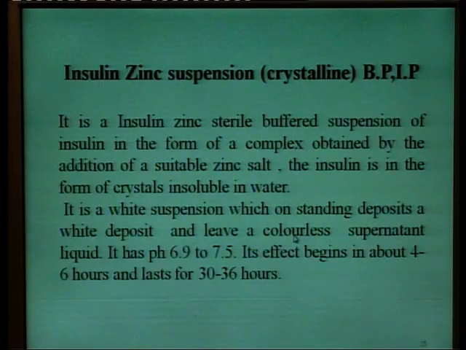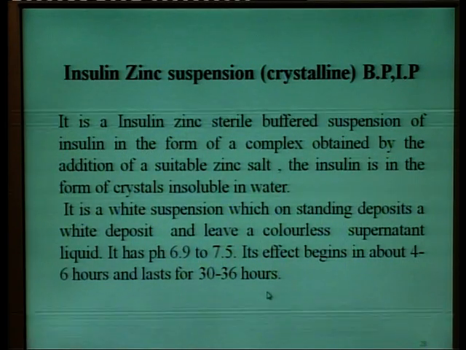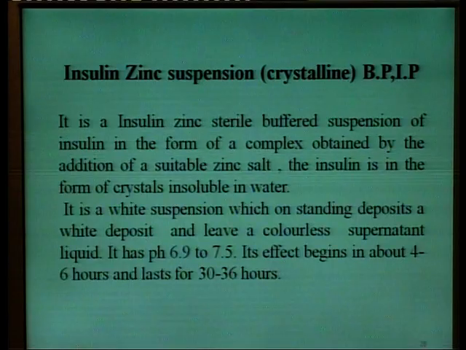Come to the next, also called IZS crystalline. Starts effect from 4 to 6 hours, lasts for 30 to 36 hours. So depending upon whether we are talking about the amorphous or the crystalline, the onset and duration of effect are going to be drastically different.